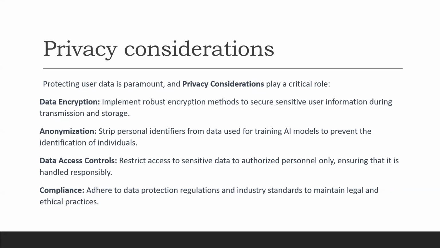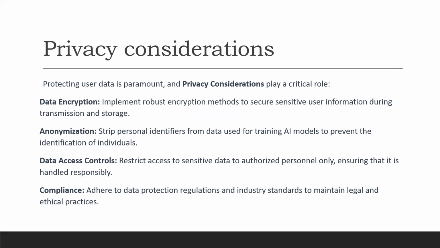For the privacy considerations, protecting user data is paramount, and privacy considerations play a critical role, of course. And we're going to include data encryption, anonymization, data access controls, and compliance. In the data encryption part, we need to implement robust encryption methods to secure sensitive user information during transmission and, of course, storage.